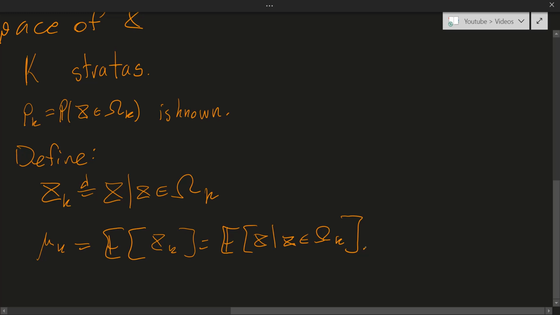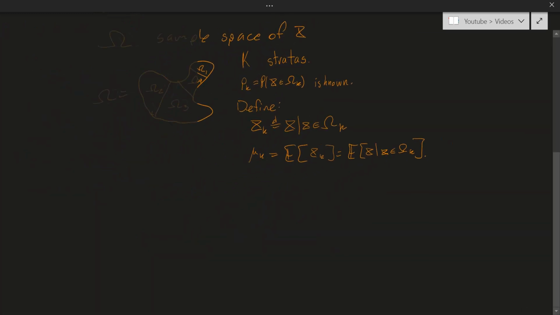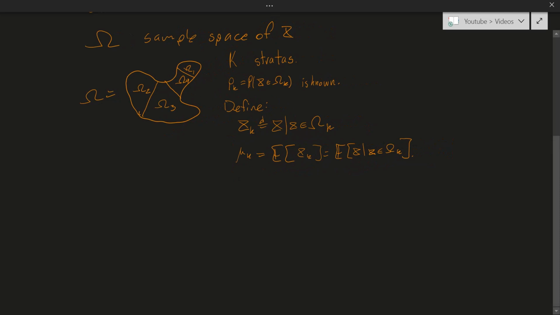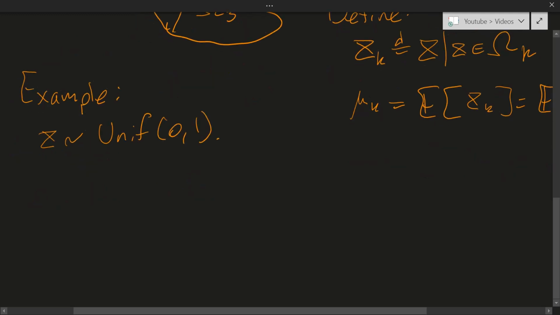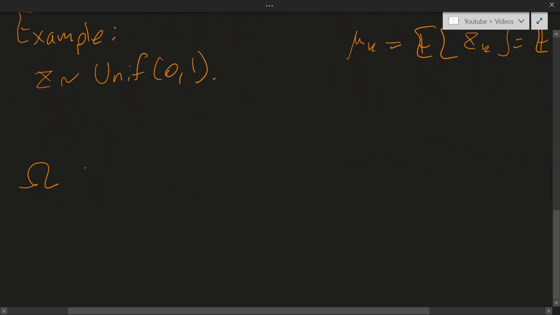Okay, now this might seem a bit abstract at first, but I will make an example which we will follow along with this theory. So an example could be that x is uniform on (0,1). That means that omega is the interval between 0 and 1.